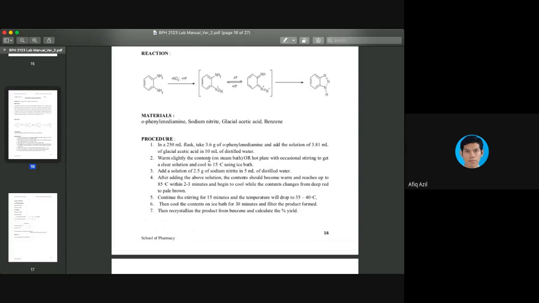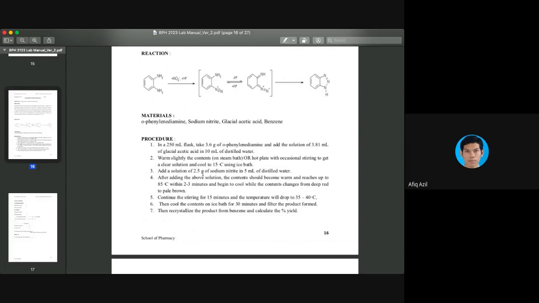Warm the contents slightly on a steam bath or on a hot plate just to make sure everything is dissolved until it becomes a clear solution. Then only you can cool it down, because the reaction only starts when you add the sodium nitrite. So before you add the sodium nitrite, the whole orthophenylenediamine must be cooled first in an ice bath.